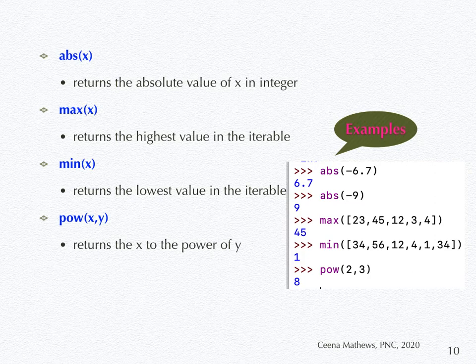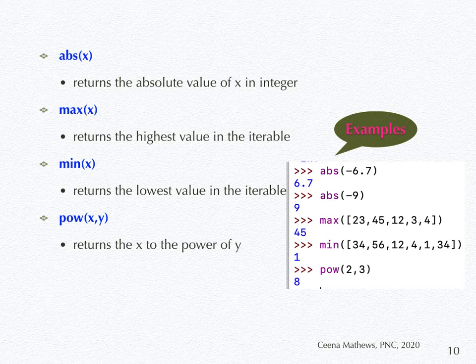If you give minus 6.7, it returns the positive number 6.7. If you give minus 9, it returns the positive number 9. Whereas when you use fabs, this will display the result always in float. That is, if you use fabs of minus 9, it will return the result as 9.0. Okay, that is how fabs and abs are different.